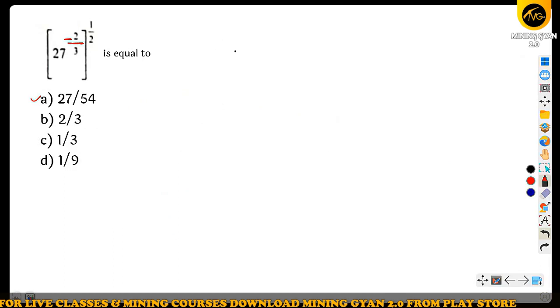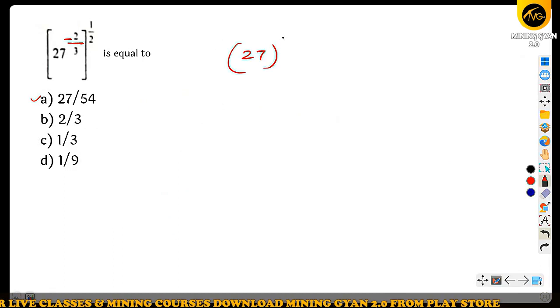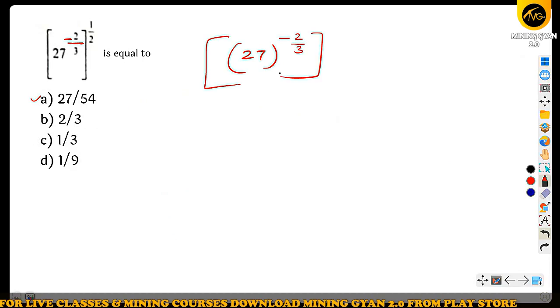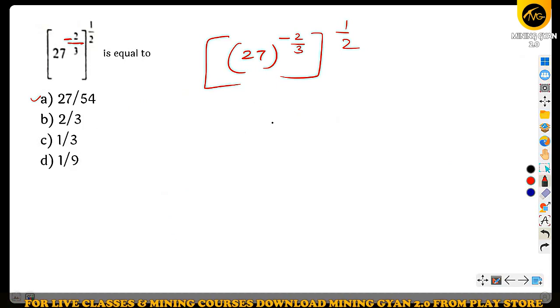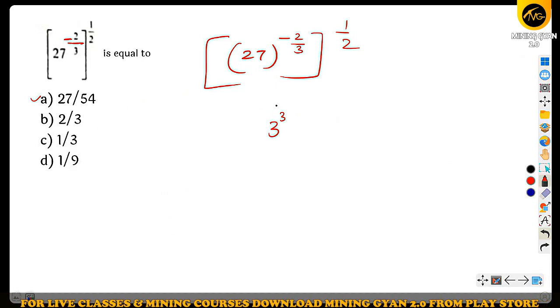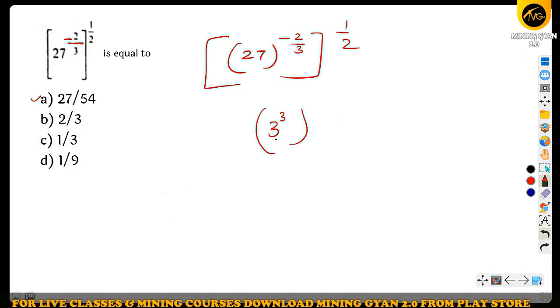Now 27 power minus 2 divided by 3 and whole power is 1 divided by 2. Now we can write 27 in the form of 3 power 3, that means 3 cube. What is 3 cube? 27. That means we can write 3 power 3 and whole power 1 divided by 2.